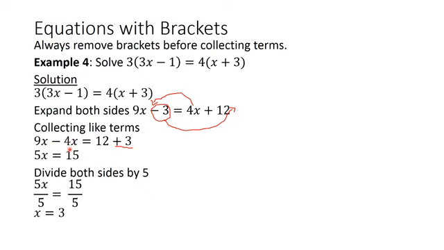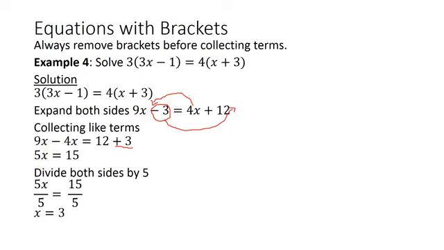So now when you subtract both, I have 5x and when we add these two, I have 15. So I need to divide both sides by 5 so that at the end of the day I'm left with x.